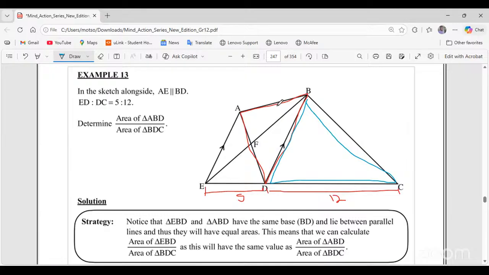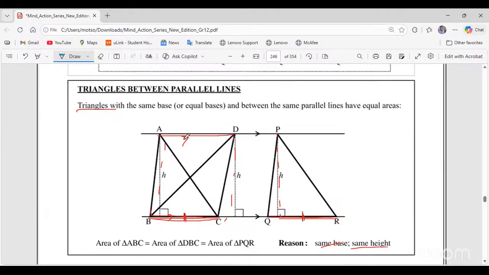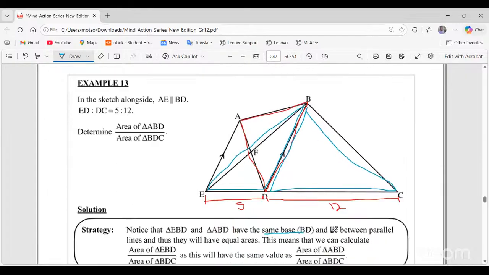So let me draw this here: where this blue line overlaps that red line is where they share the same base BD, and they lie between these two parallel lines BD and AE. Thus, they will have the same areas according to the rule for triangles between parallel lines.